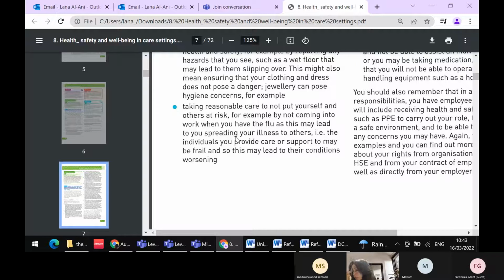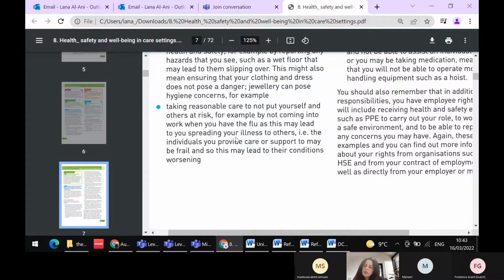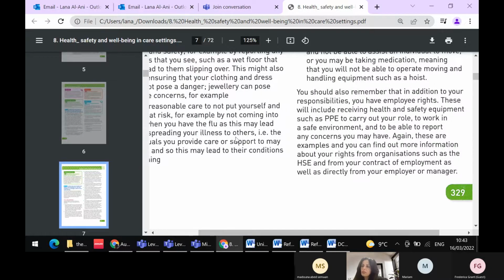As an example, if I have a flu, if I have any illness, if I suspect any COVID, I don't go to work, and I need to inform the management so they can bring other people to take care of my clients. And if my condition worsens, I wouldn't be going to work. I would be informing the management as well. So this is your responsibility.